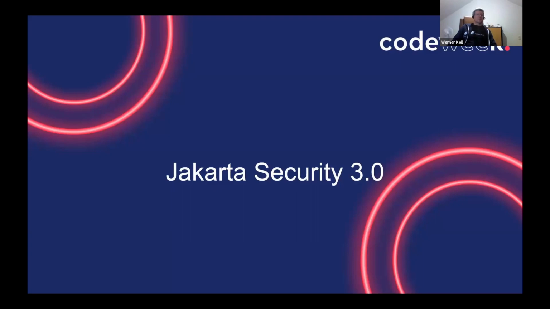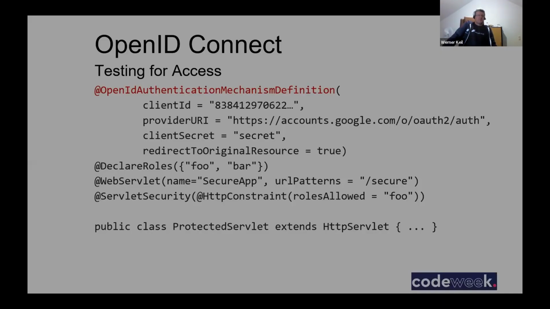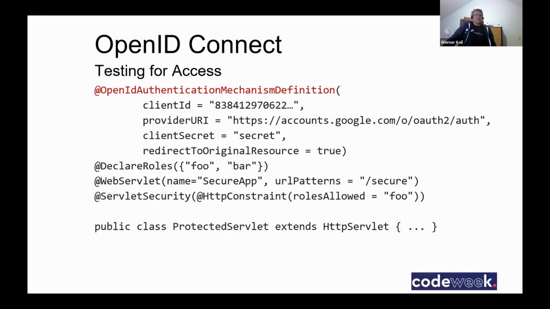In Jakarta Security, the version number is also 3.0. And there, the most significant addition and improvement is the authentication mechanism for OpenID Connect. Now let's look at what this means from an application point of view.